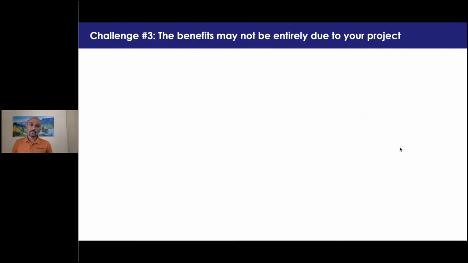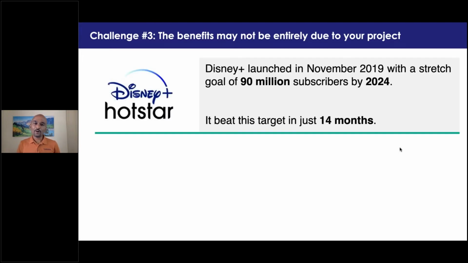Challenge three, even if you quantify in dollar values, the next challenge is whether all of these benefits are really caused by your project. Identifying that causal connection is very difficult. A popular example is that of Disney Plus.